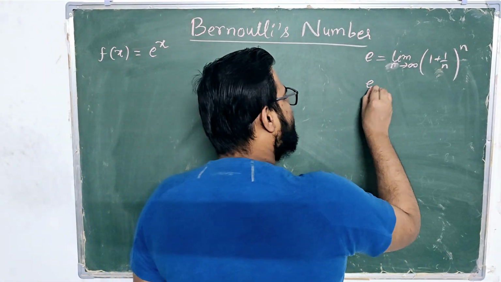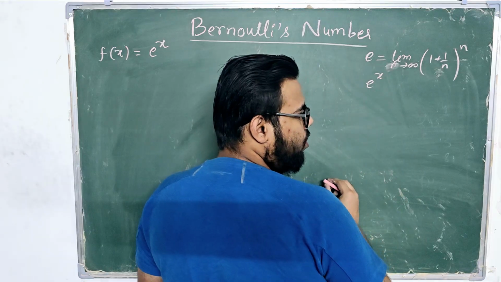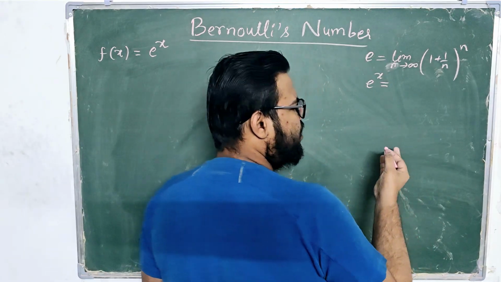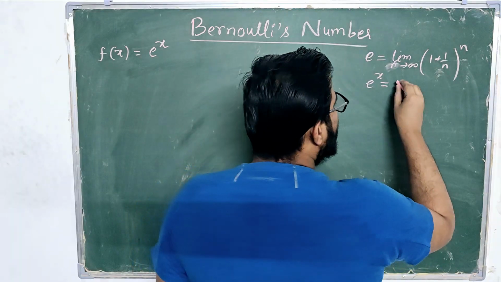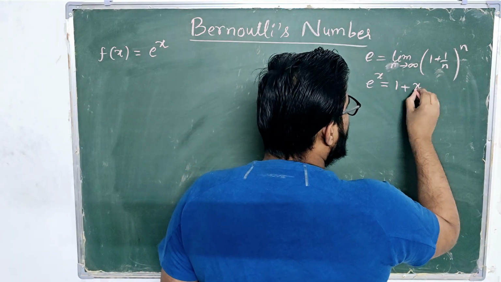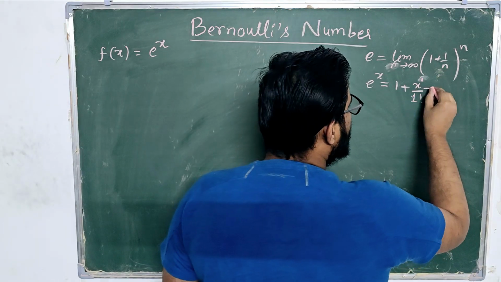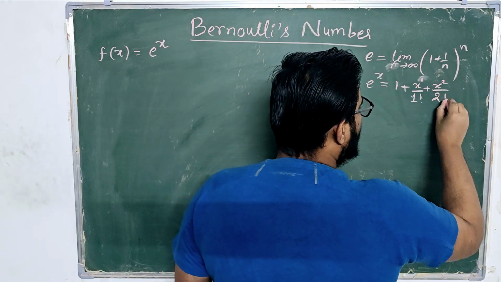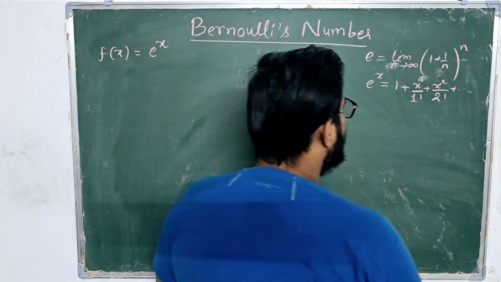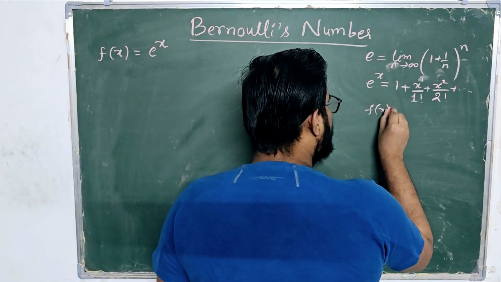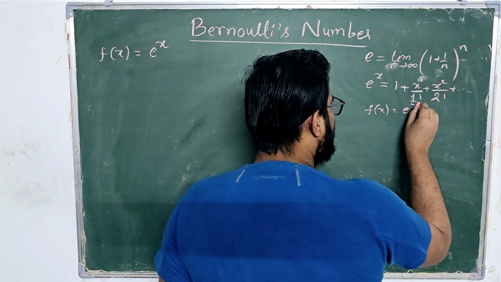You must be very much familiar with the Taylor series of e raised to the power x about 0, or I can say the Maclaurin series actually: 1 plus x divided by 1 factorial plus x square by 2 factorial and so on till infinity, right? How is it derived? You can derive it very easily. f(x) is equal to e raised to the power x.